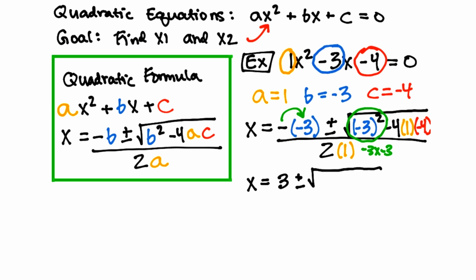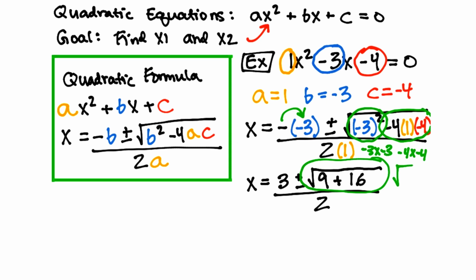The negatives cancel out, so we're left with 3 times 3, which is 9. The 1 doesn't matter, so we're left with negative 4 times negative 4, which gives us positive 16. All over 2 times 1, which is 2.